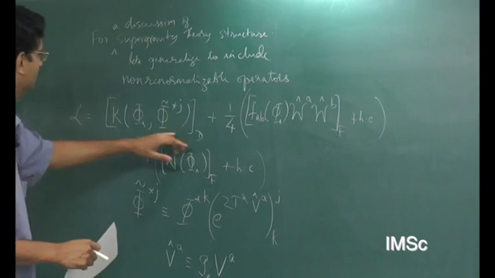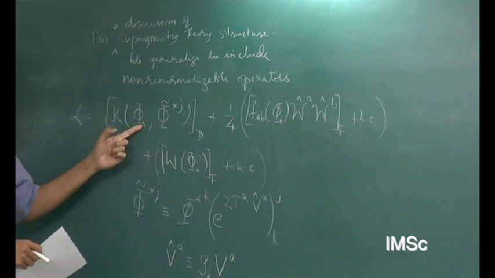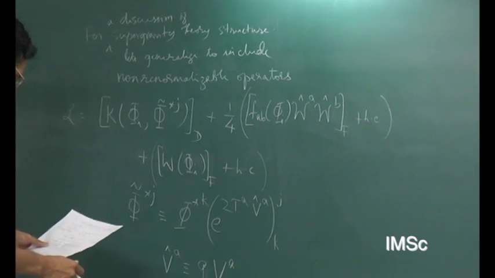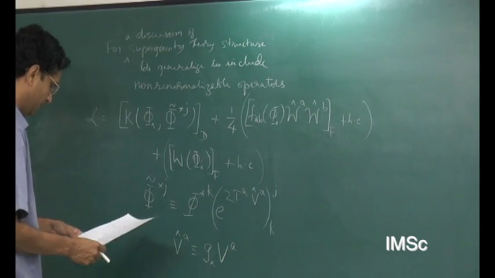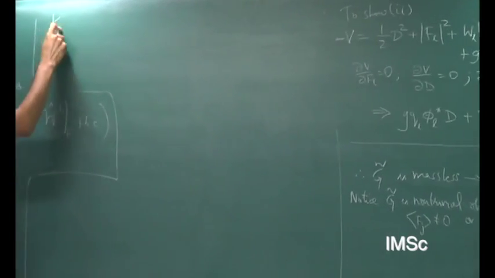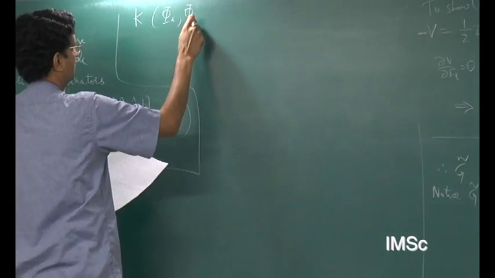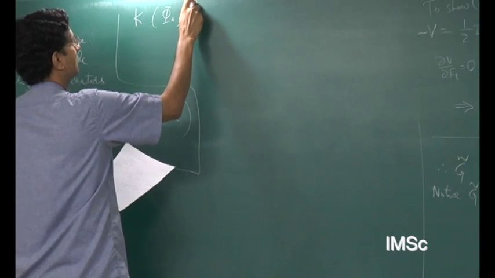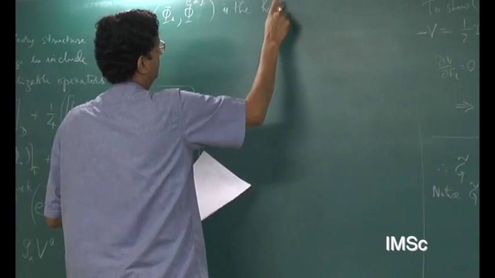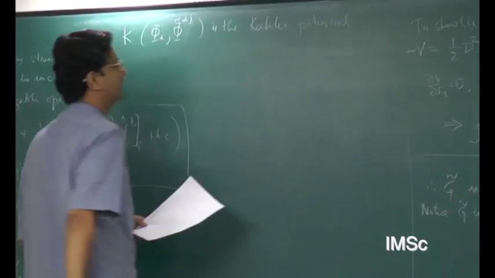So it was just the D term, but now we write it in a slightly more general form, where k can be any function of these fields, and k is called, so it's called a Kähler potential.